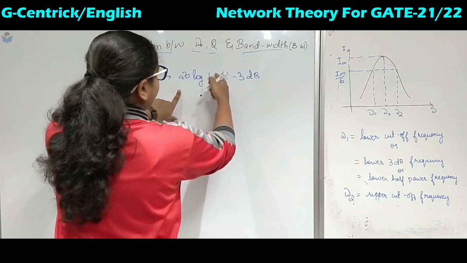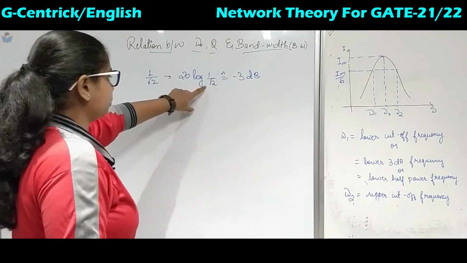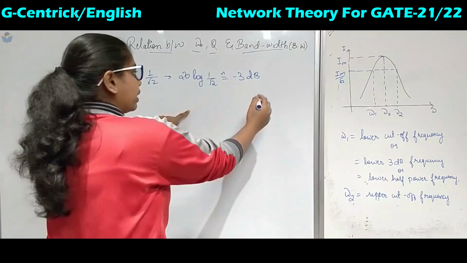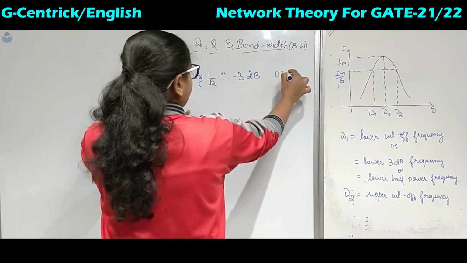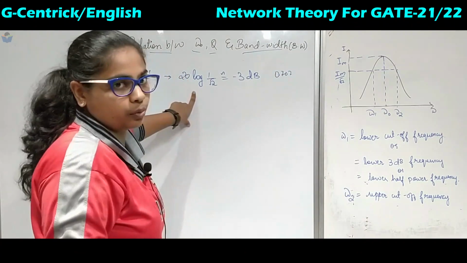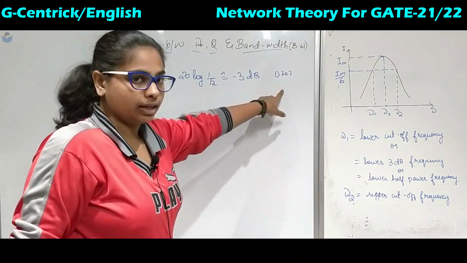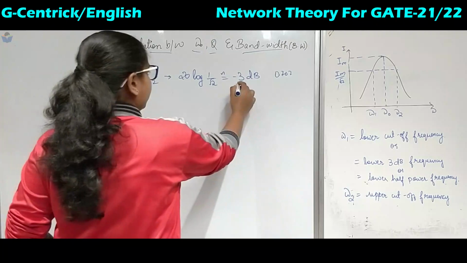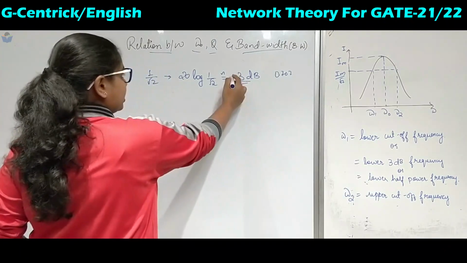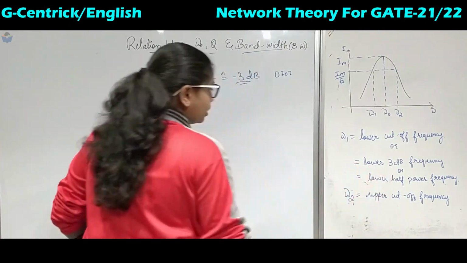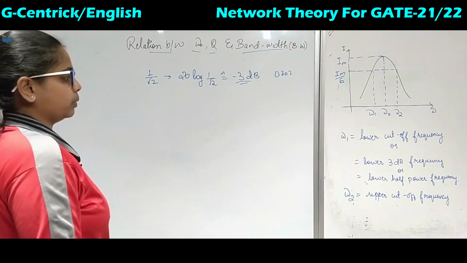Why minus? When you calculate 1 by root 2, the value is 0.707. What is log 1? It's 0. So since 1 by root 2 is less than 1, it will be in negative terms. So it is minus 3 dB, and since it is negative, we call it the lower 3 dB frequency.